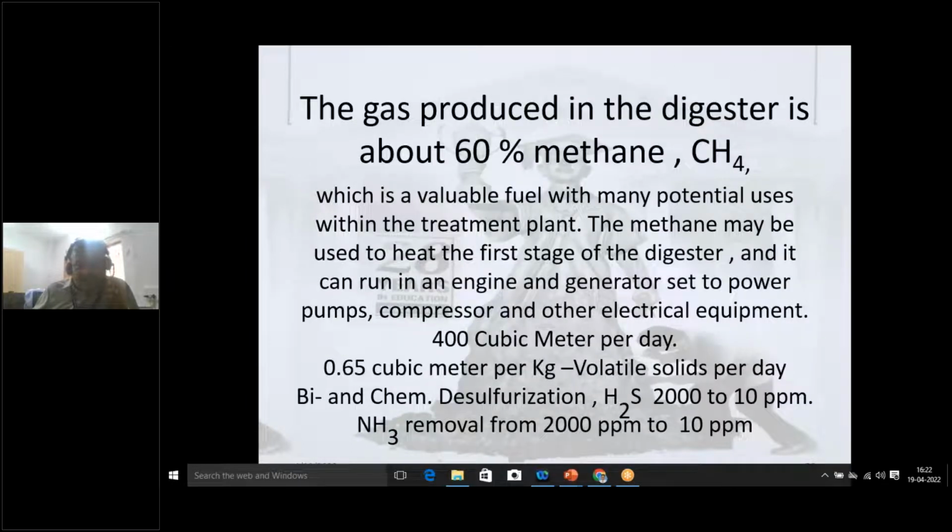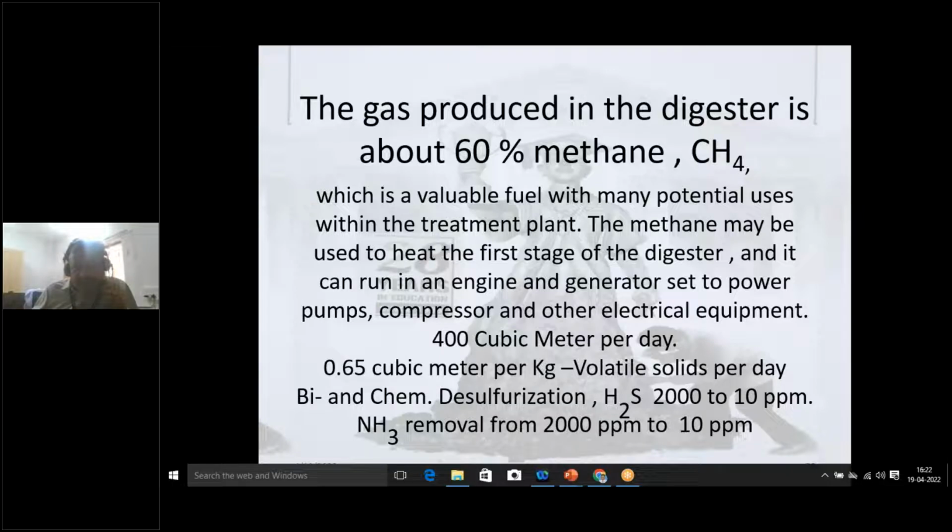The gas produced in the anaerobic digester is about 60% methane, CH4, which is a valuable fuel within the sewage treatment plant. The methane is used to heat the first stage of the digester, and it can run an engine and generator set to power pumps, compressors, and other electrical equipment.